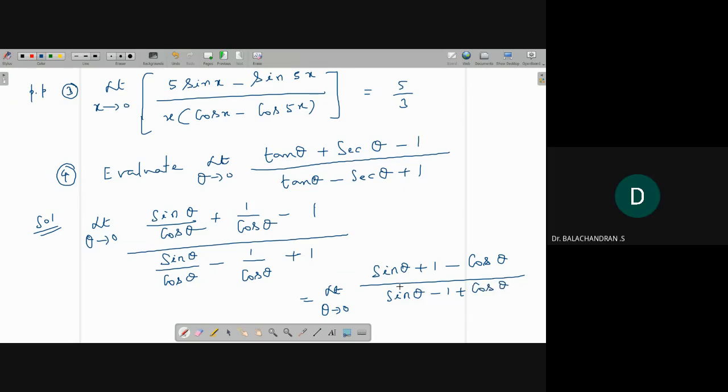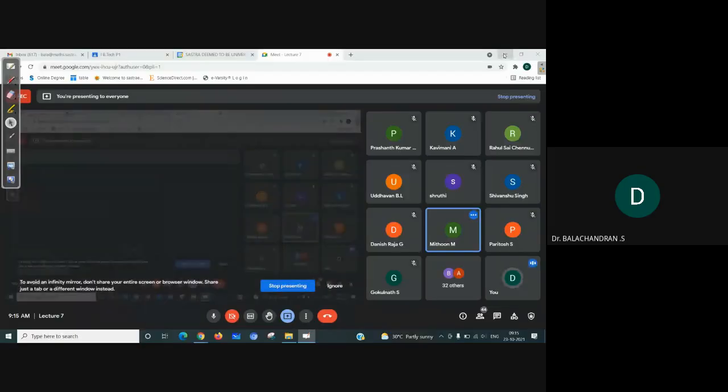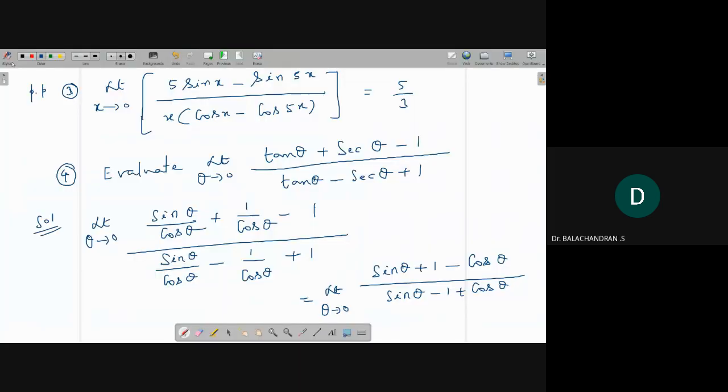Okay. Now you can use expansion. Sir, tan theta expansion is there, no, sir. Yeah, you are right, Mithun. But if you use tan theta expansion, I feel that sin theta cos theta expansion is better, because for secant theta I don't have the expansion.